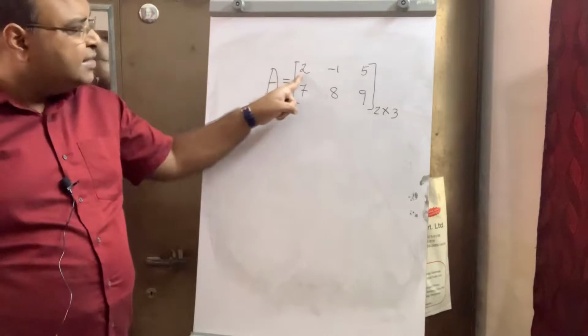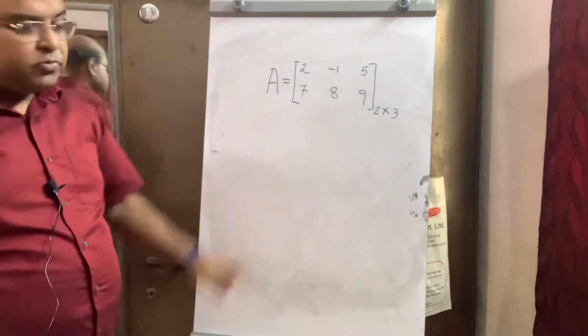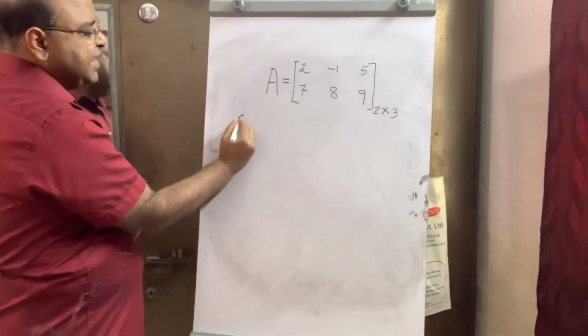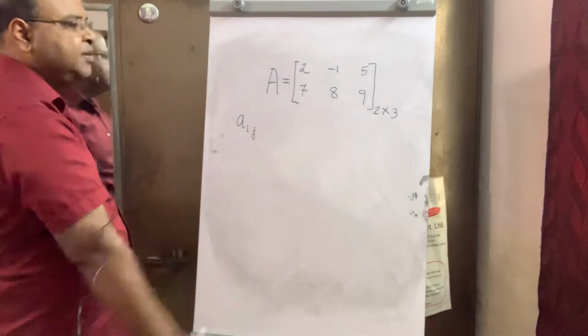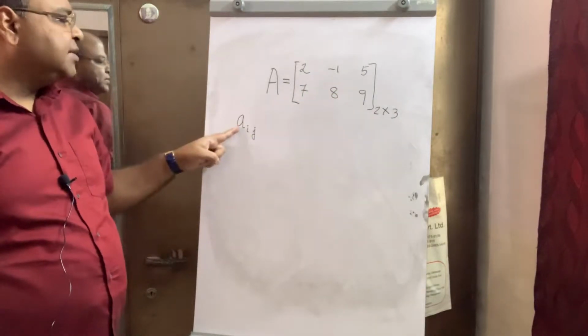Now how do we represent these elements in the coordinate system form? To do so, we represent every element of this matrix by a with two suffixes i and j. This is the form of representation. Each and every element is represented by a lowercase letter a.